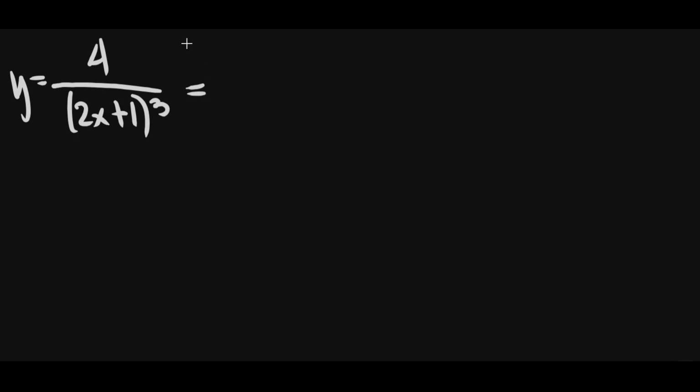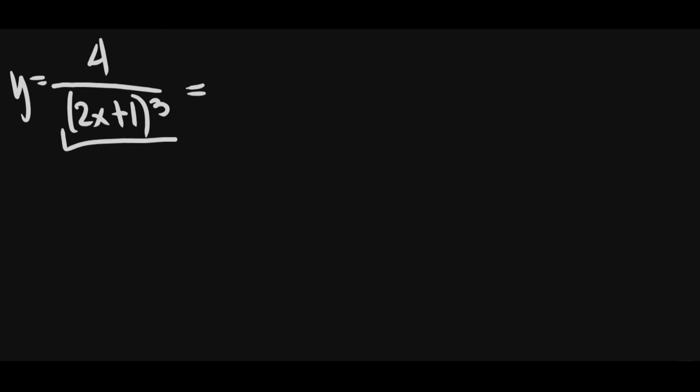On to our third example, we have find the dy/dx of y = 4 all over (2x plus 1) cubed. We could use the quotient rule here, but we could also use the power rule. How can we utilize the power rule here?